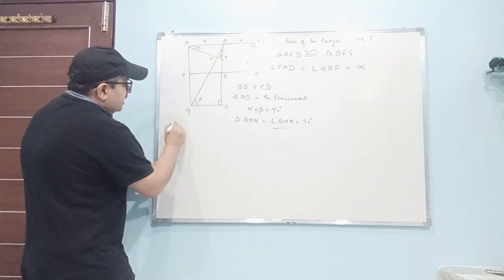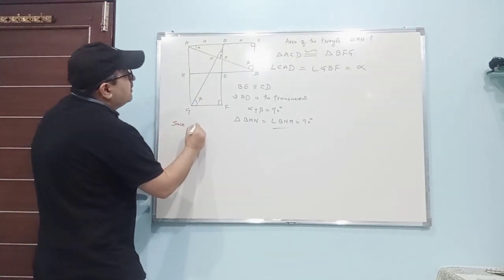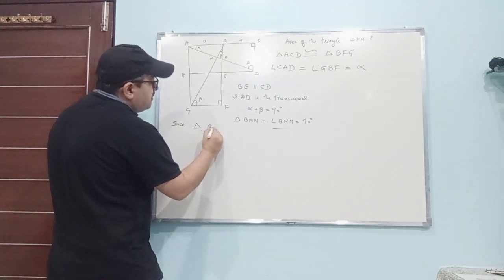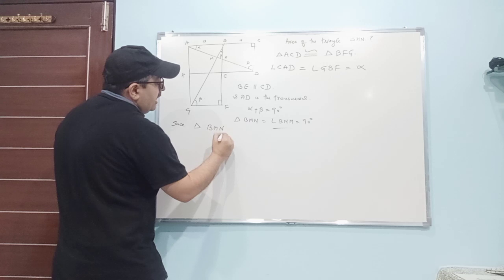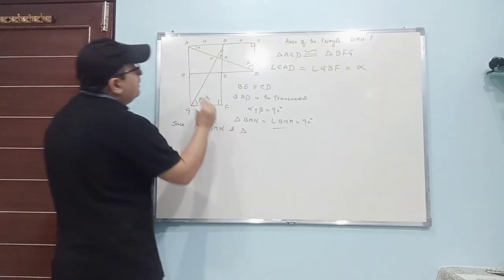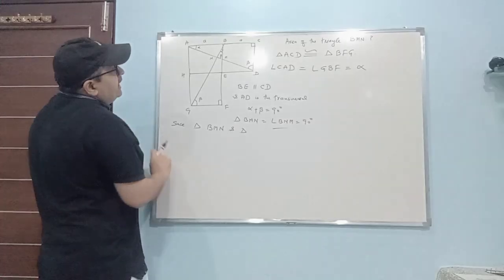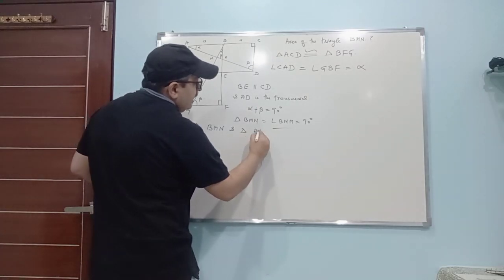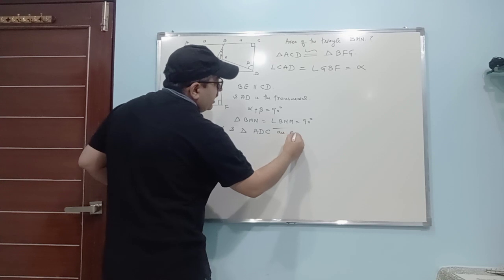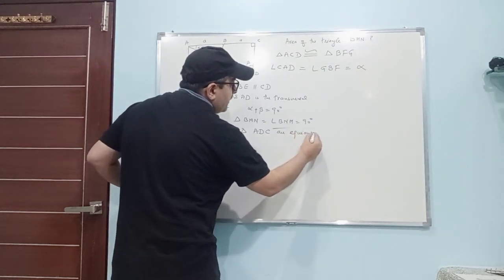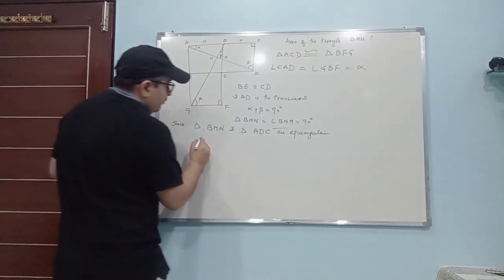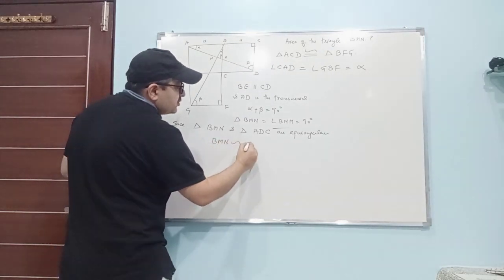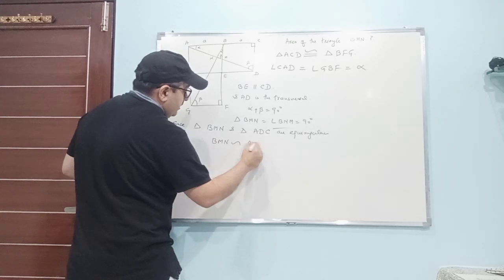So लिखिए, since triangle BMN and triangle ADC are equiangular, therefore they are similar.